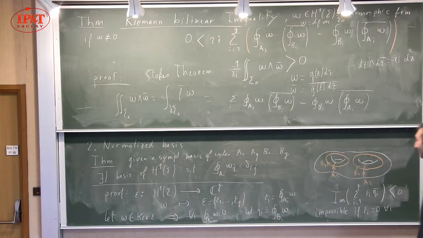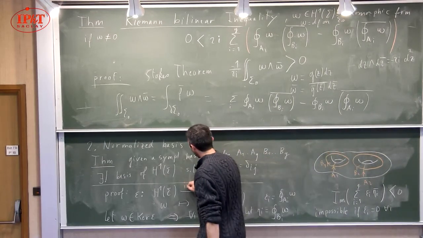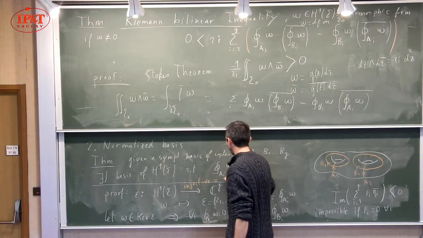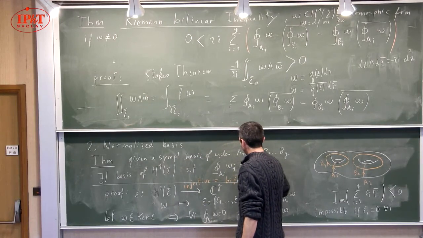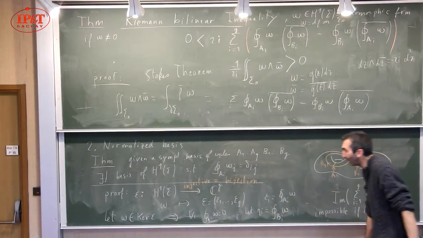Okay, which means that the kernel is vanishing, so the map is injective. So it is a bijection, it is an isomorphism.